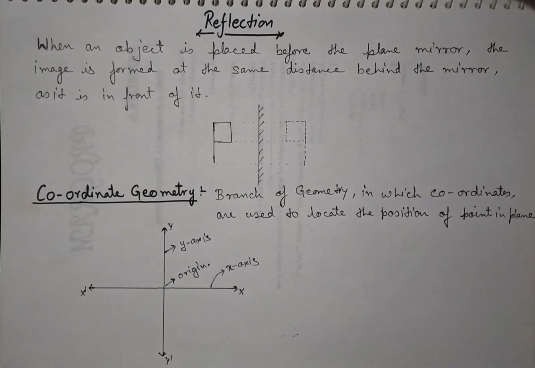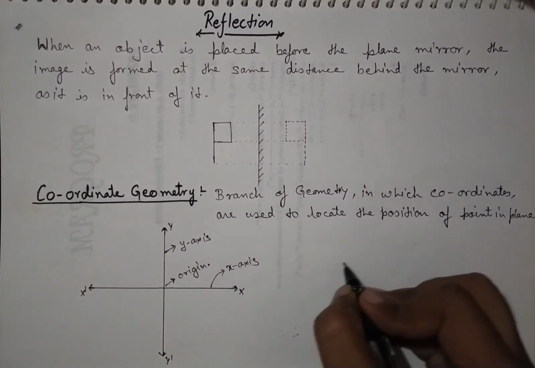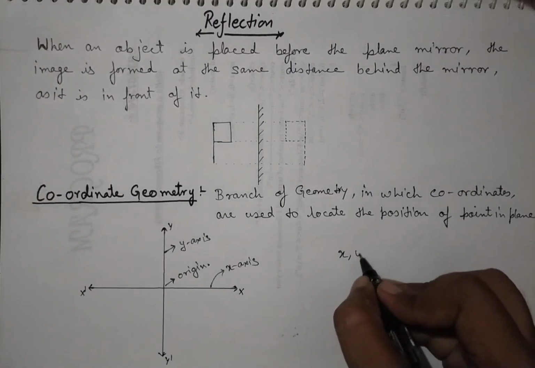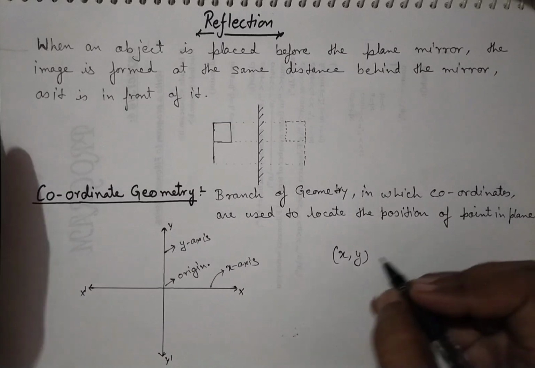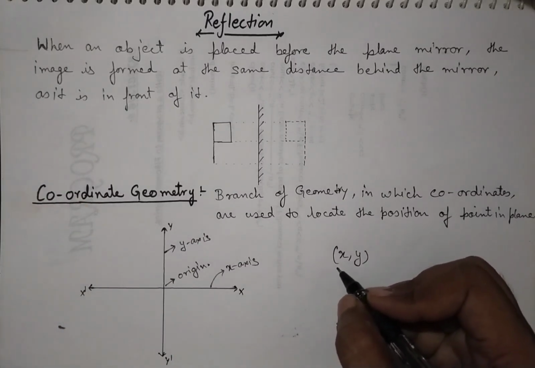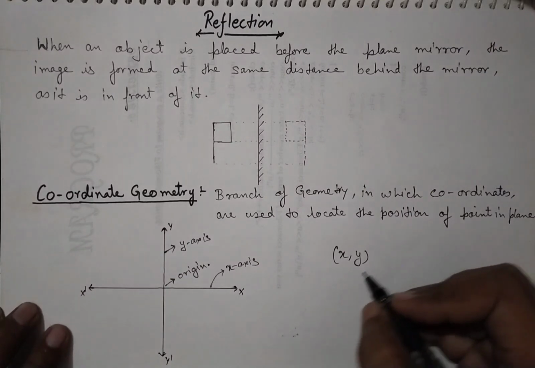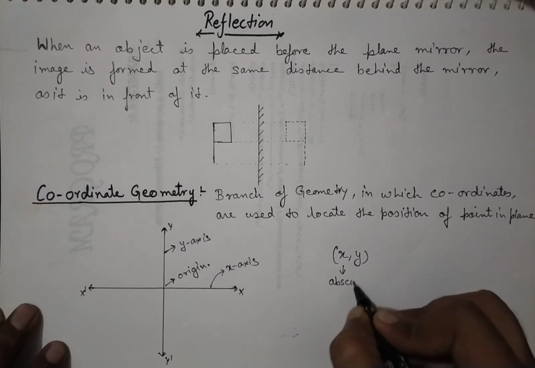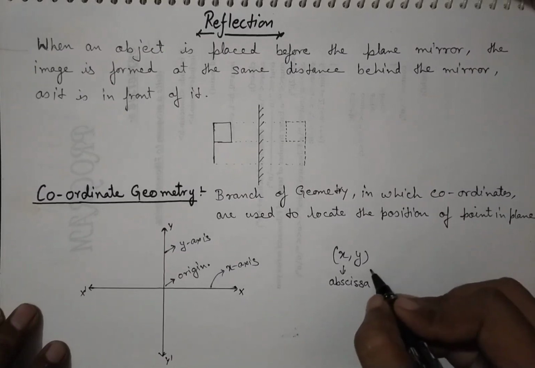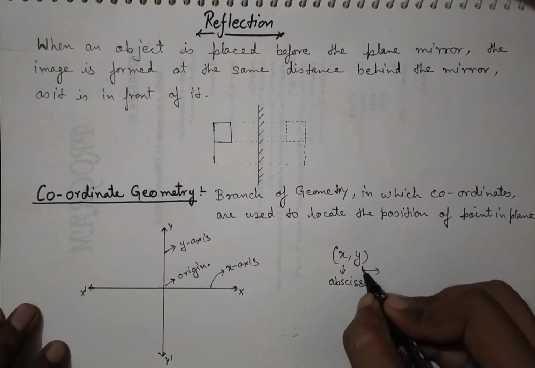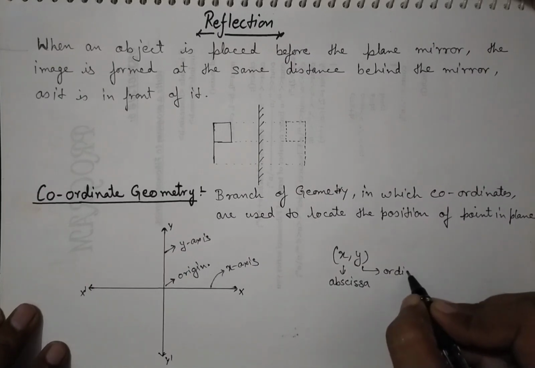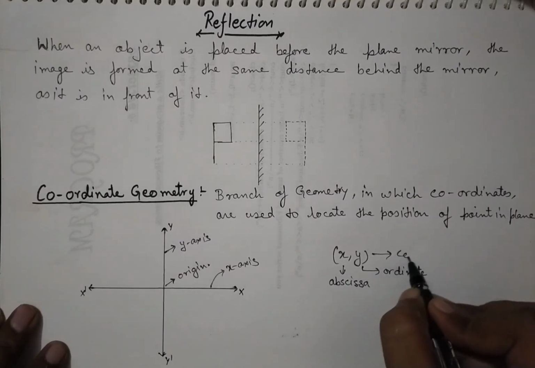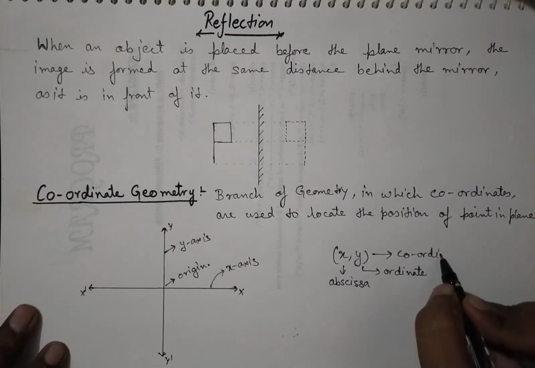Now to represent any point, we take two things, that is (x, y), like this. Here this x is the abscissa, this y is the ordinate, and together they form a coordinate.